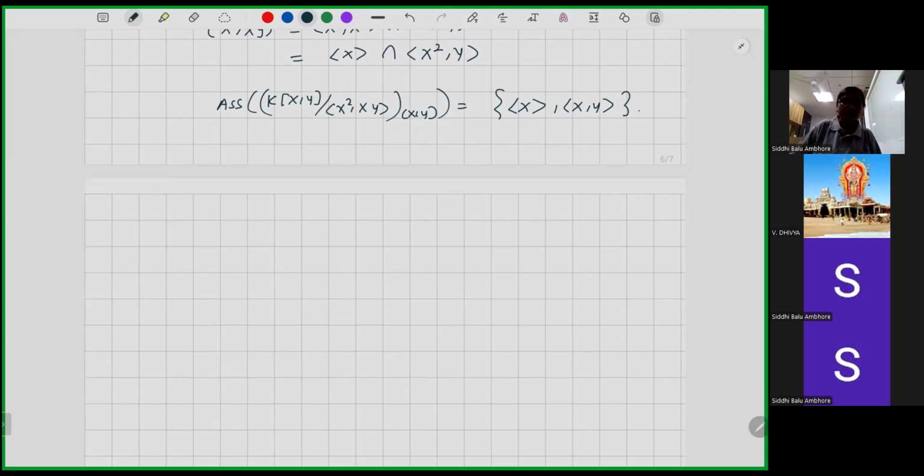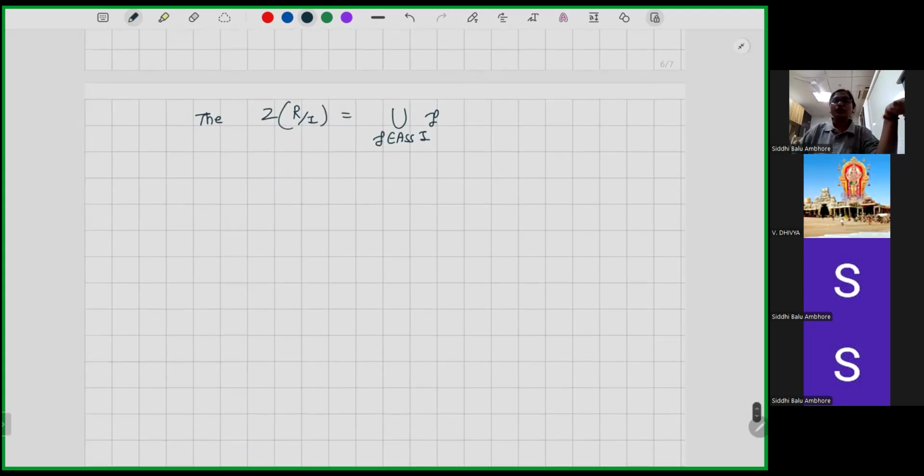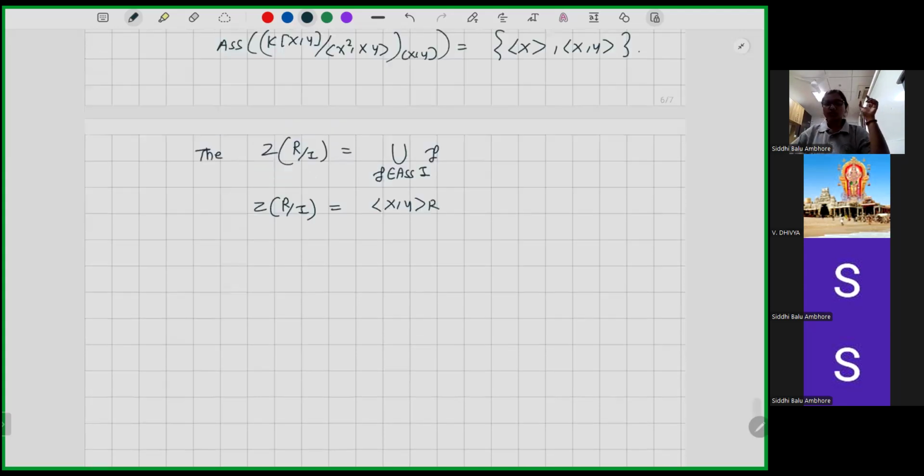The zero divisors of R mod I in this case will be the union of the associated primes P. This is what we know: the zero divisors are the union of all the associated primes. So in that case, this is just (x, y)R.